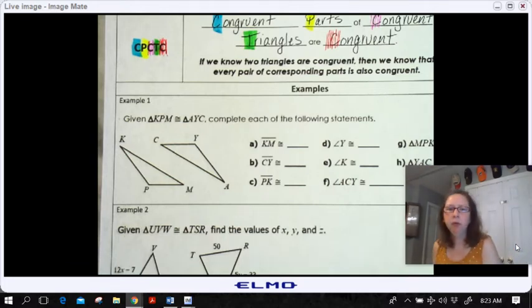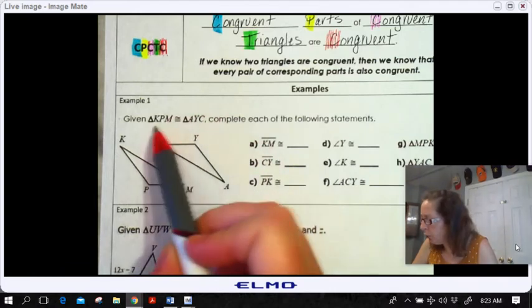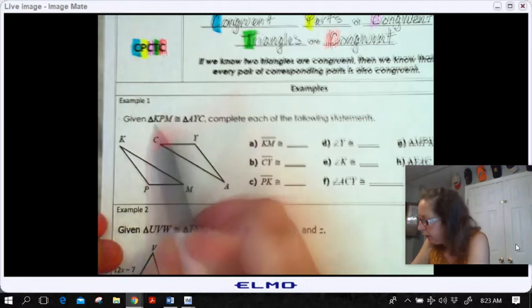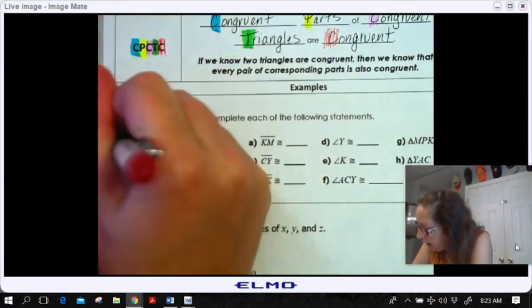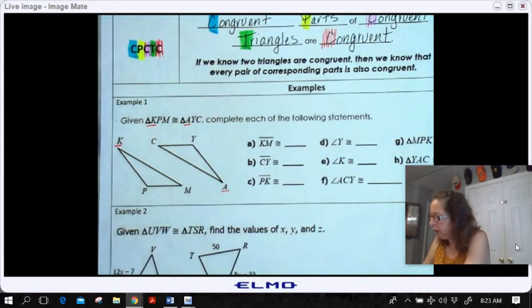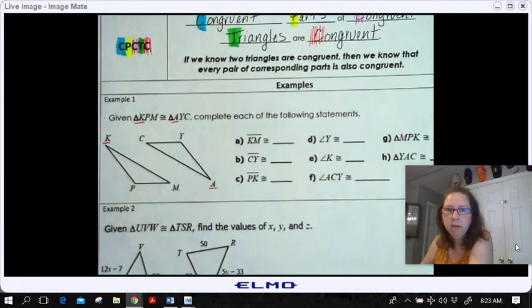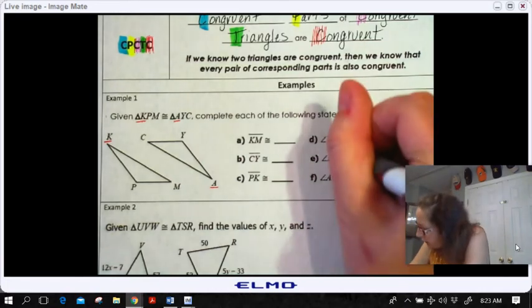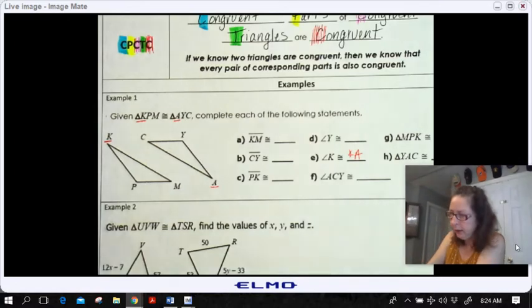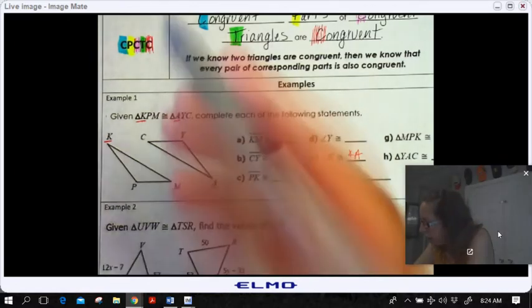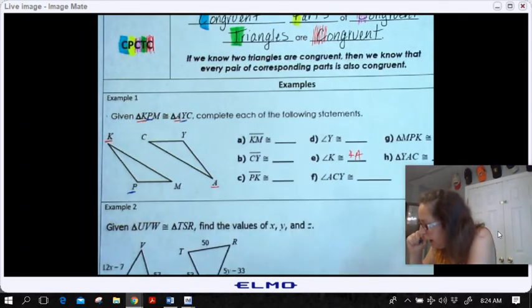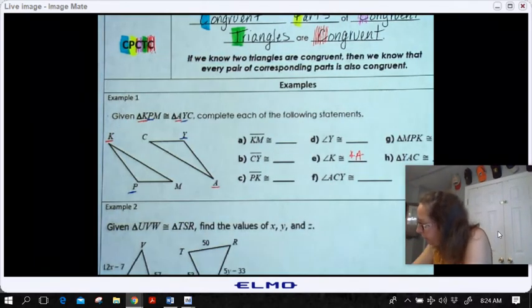Here's where paying attention to the order of the letters that they give you comes in handy. So K is congruent to A. Let's come over to the side and start filling this out. Angle K is congruent to angle A, and angle P is congruent to angle Y.